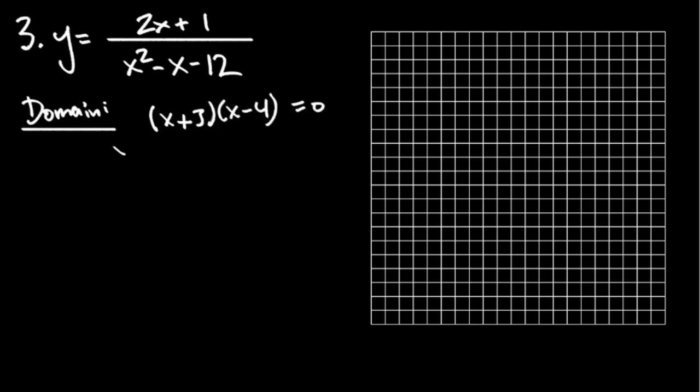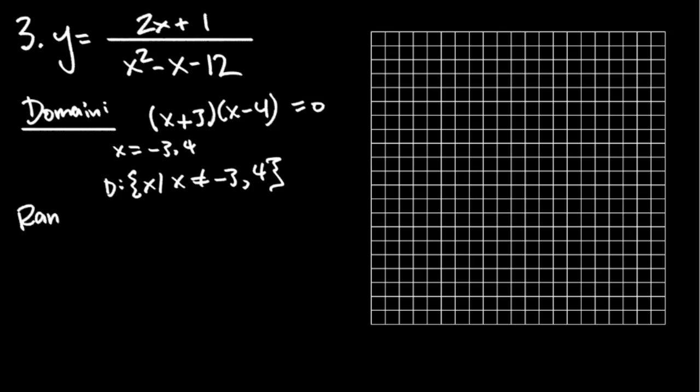The things that make that 0 are negative 3 and 4. So the domain would then be the set of all x values such that x is not equal to negative 3 and not equal to 4. Range, we'll find that later.